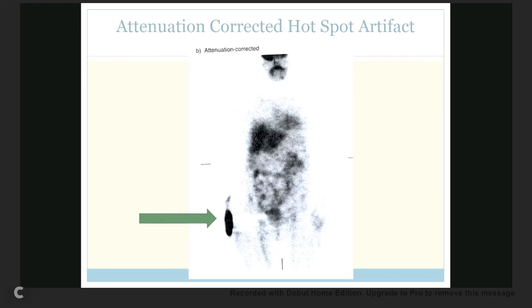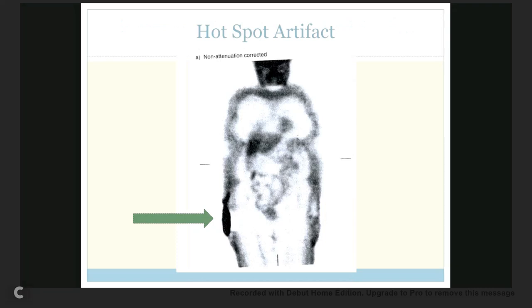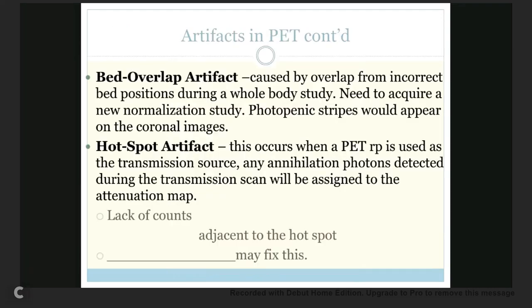So it didn't work very well. Should that answer have been attenuation correction would have fixed this? Where it says lack of counts, this is adjacent to the hotspot. That's your fill in the blank, right?